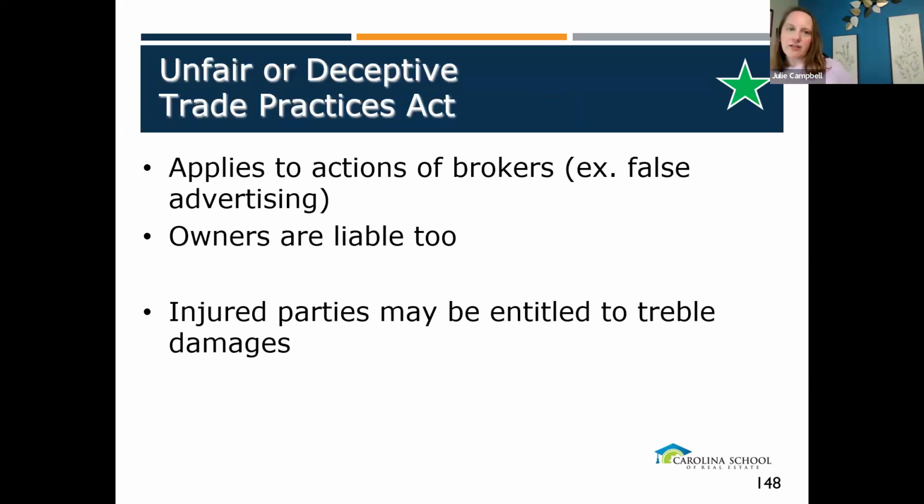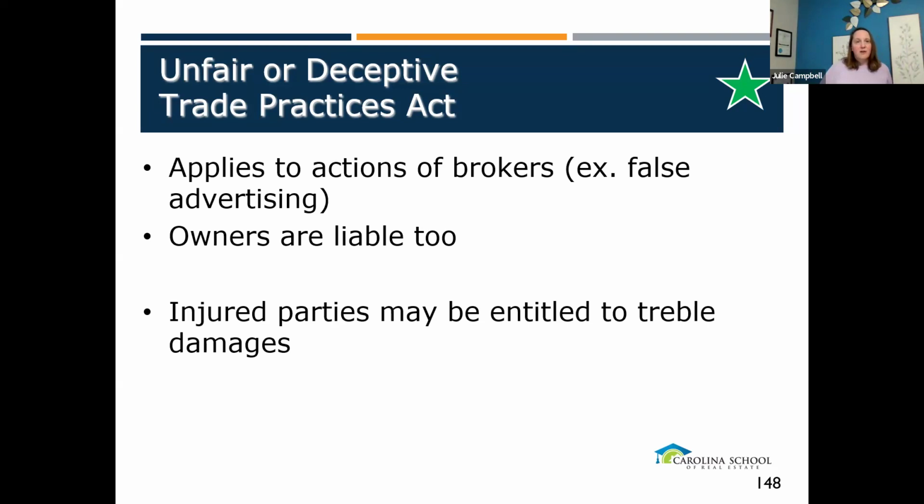So real quick, it's all in the name, Unfair Deceptive Trade Practices Act. If anybody's found to be acting unfairly, deceptively, then this act may apply, could go to court. If they're awarded in court, the injured party may be entitled to treble damages. Who knows what that means? Treble damages.